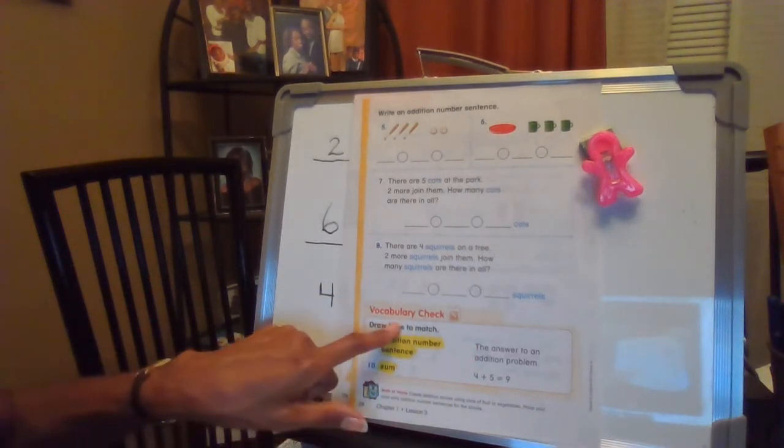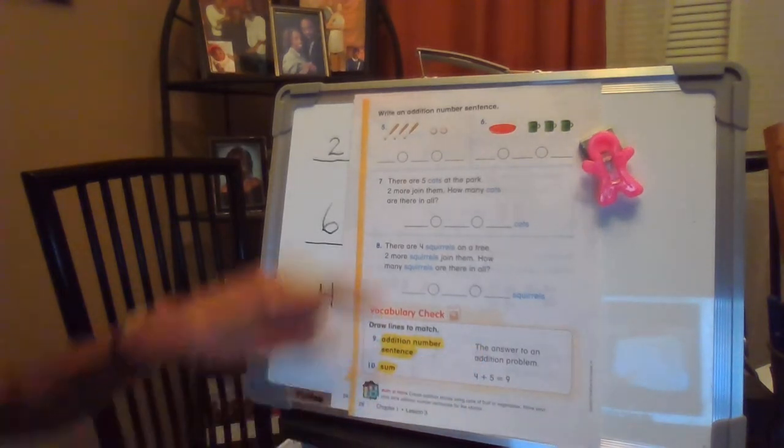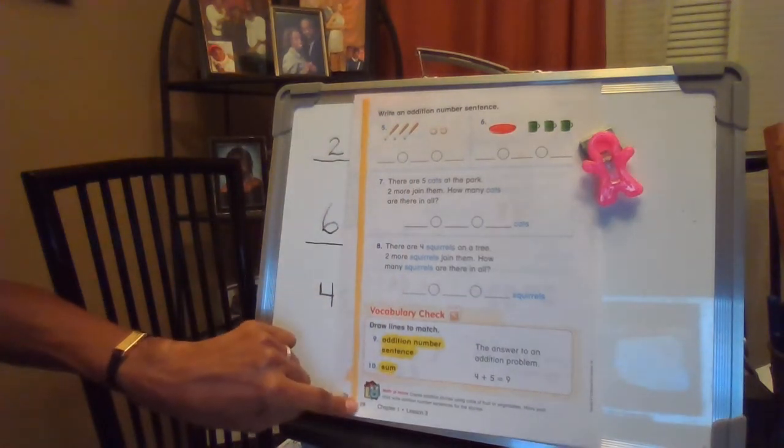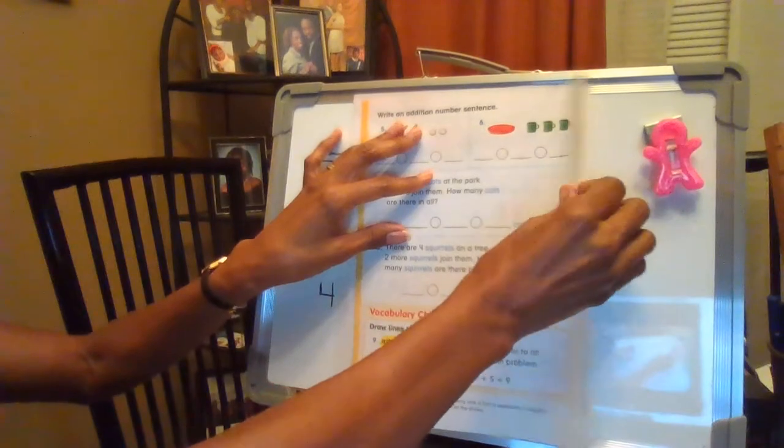So you would draw a line pointing to the correct answer. You will take a picture of this page. This is page 28 and post it to your Seesaw journal. So how many pages are you posting to your Seesaw journal? 2 of them.